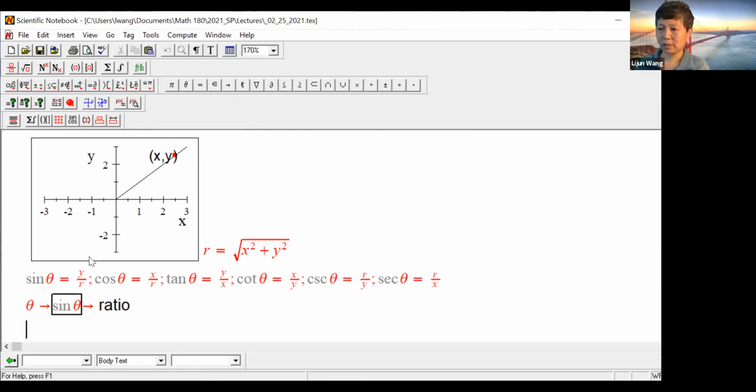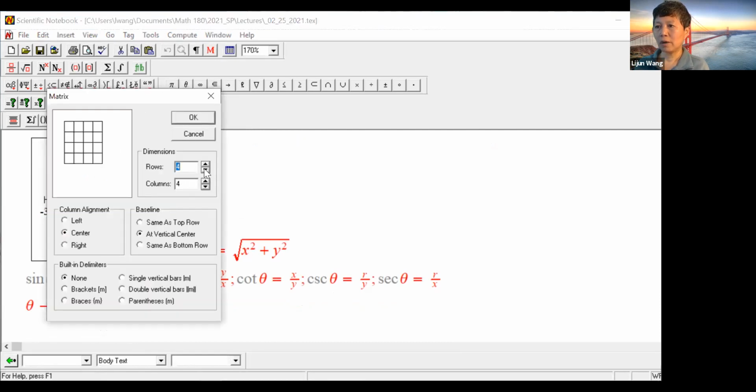Cosine theta, same thing. So for all of these angles, I'm going to use one column here.